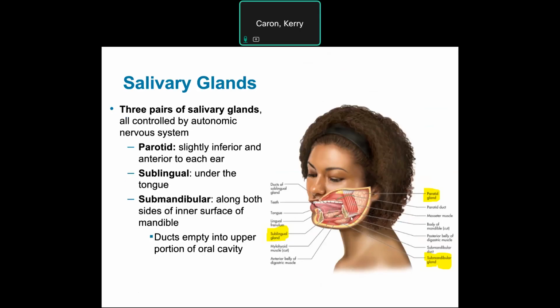We have the sublingual glands, which, just like it sounds, are underneath the tongue. We have the submandibular salivary glands that are along the sides and inner surface of the mandible. These ducts empty into the oral cavity.